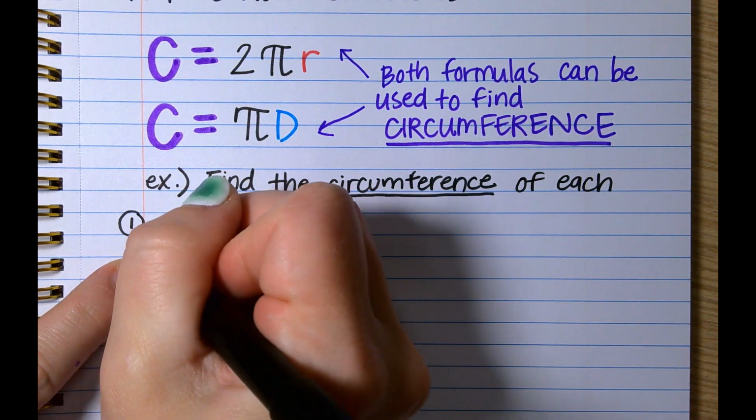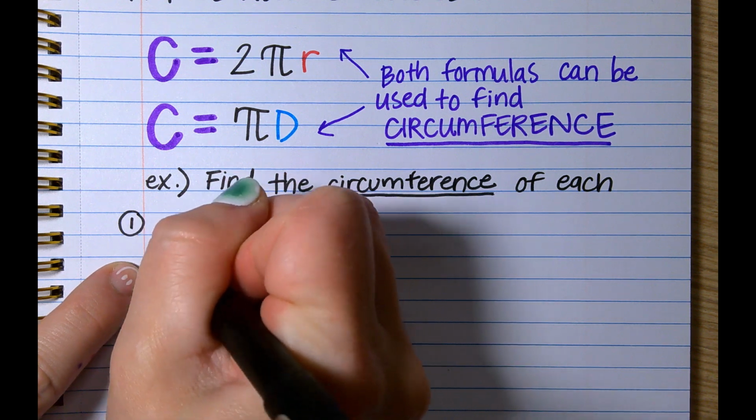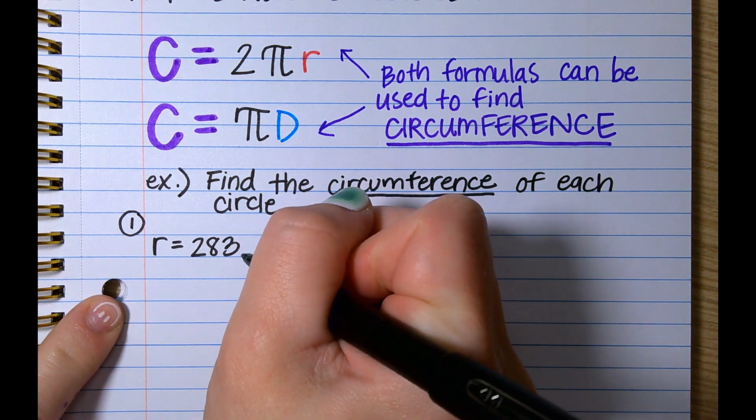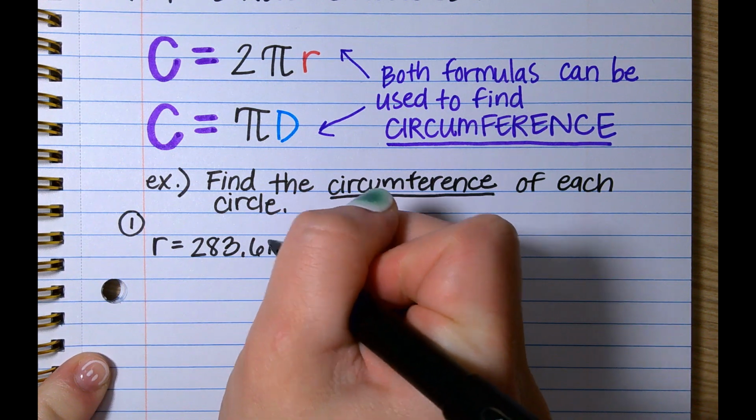And for number 1, I'm going to give you a circle with a radius of 283.6 inches.